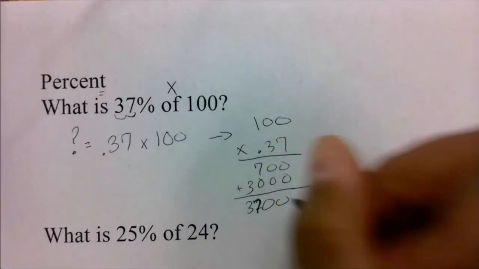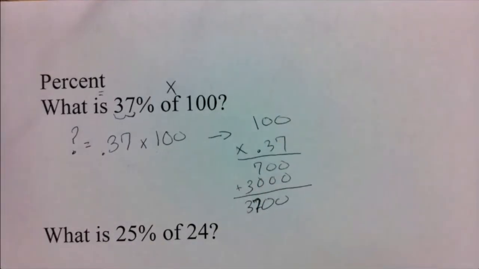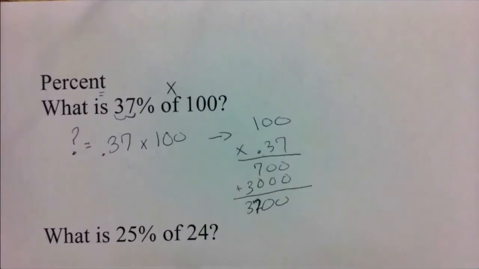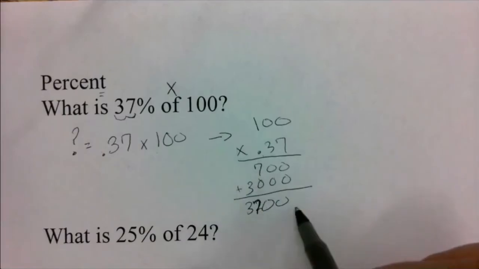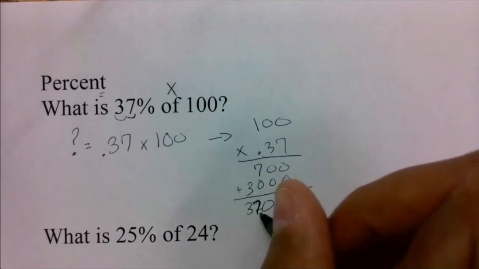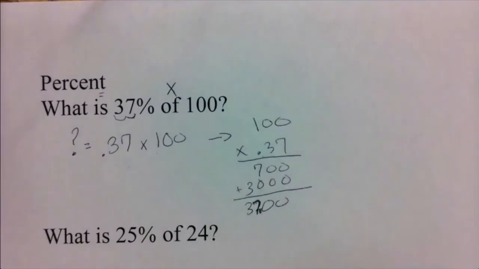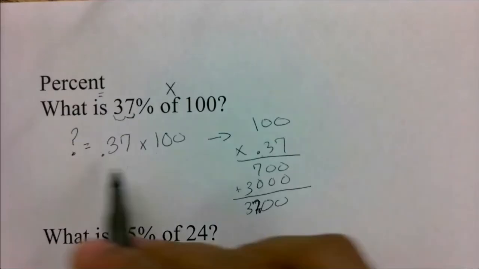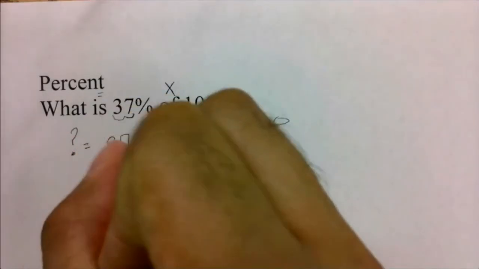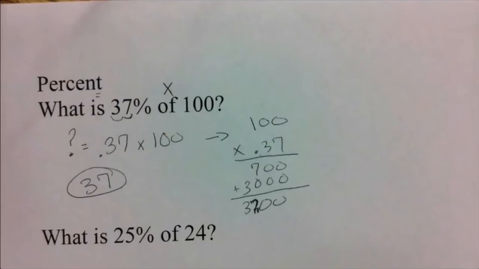Of course, those drop down to 2 zeros. So we know that there are 2 numbers behind our decimal point. So we go to our final answer. We start from the right, go 1, 2, and our answer should be 37. So we know that 37% of 100 is 37. That's my answer.